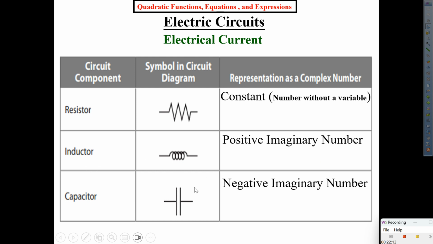Positive imaginary. Which means the capacitor is going to be a negative imaginary number. Let me repeat that again. Constant, positive imaginary, negative imaginary. All right? As soon as you copy that, send me a picture so I can see that you copied that on your paper.